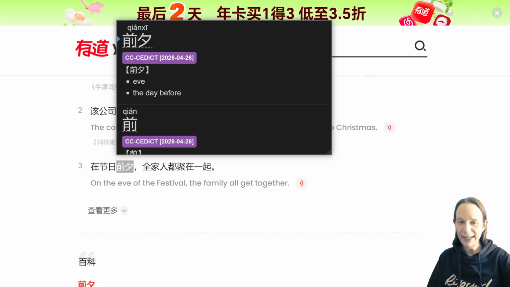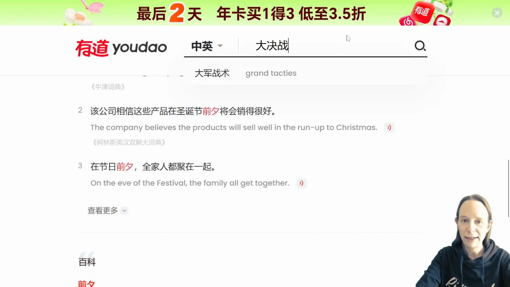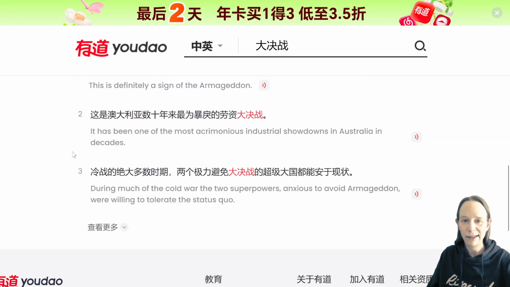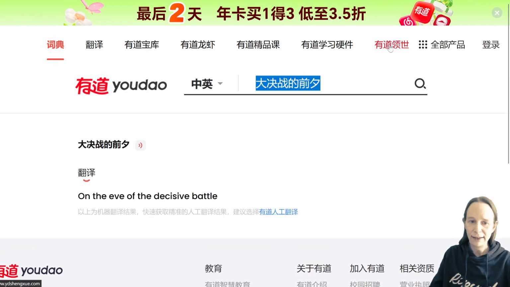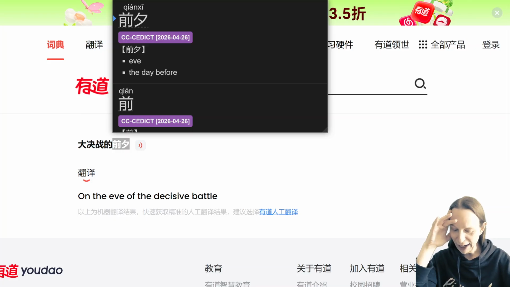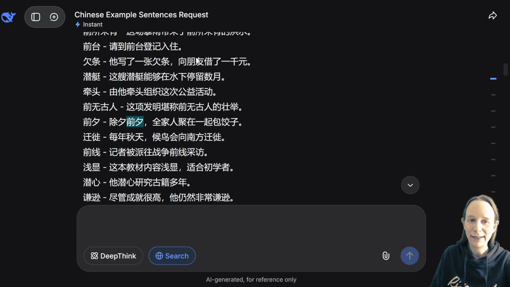Okay, so presumably 大决战 is like a decisive battle, the night before a decisive battle. So it's the night before. 前一天的晚上. Yeah. It says 晚上 in the dictionary, the night.